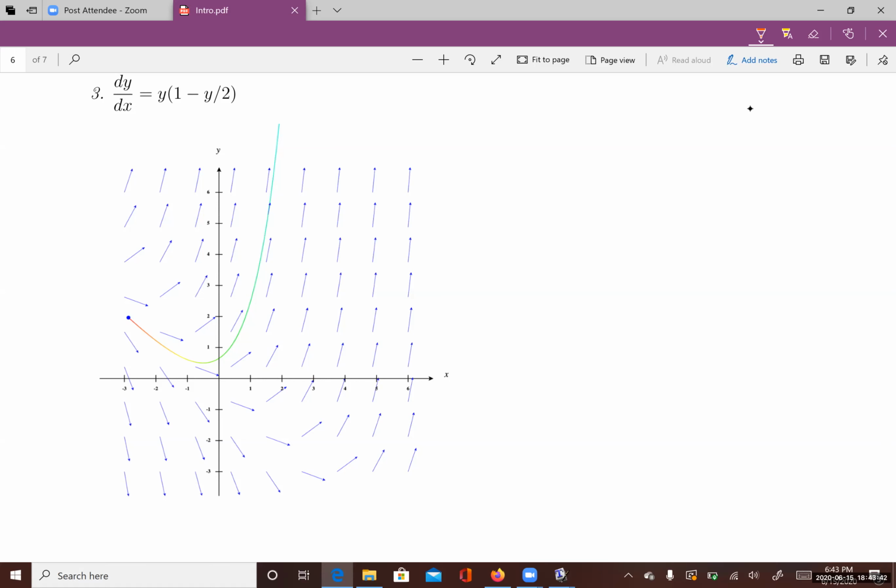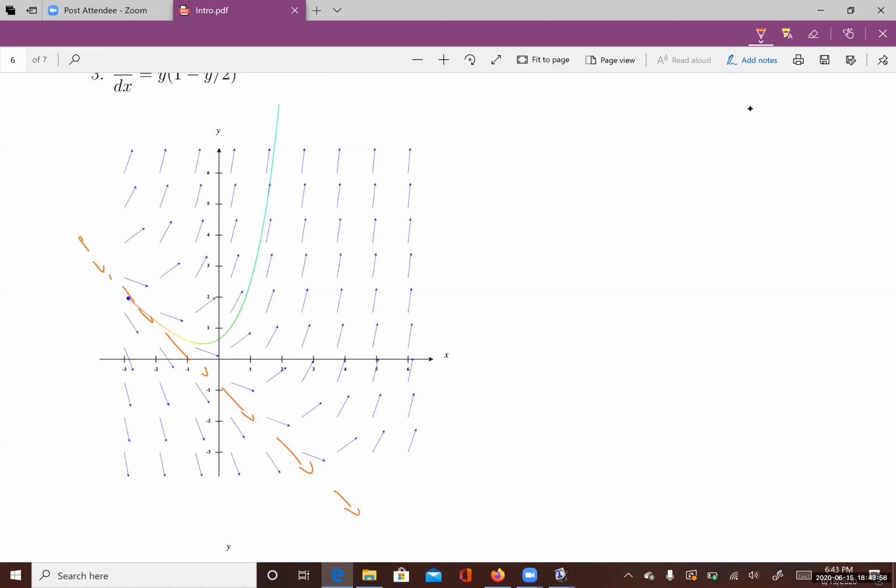And from here, you can see that you will have some slope vectors that look like this. It's going to be a straight line going through -1 and -1 here.